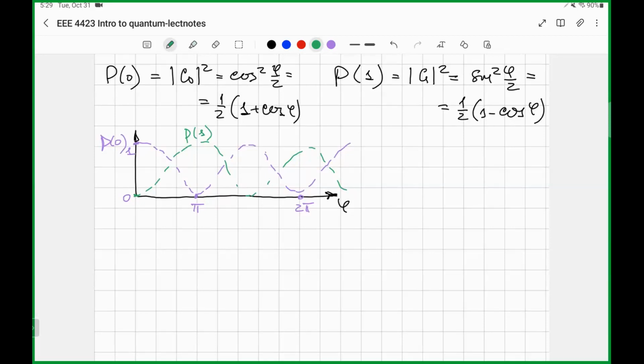And in any case, in general, the result of the measurement of the circuit depends on the phase of the phase gate between the Hadamard gates, between the input and output, or opening and closing Hadamard gates. So this is the way we can control the probability of finding the states.